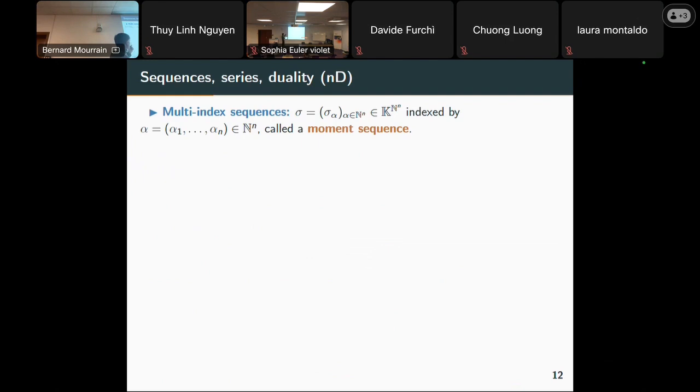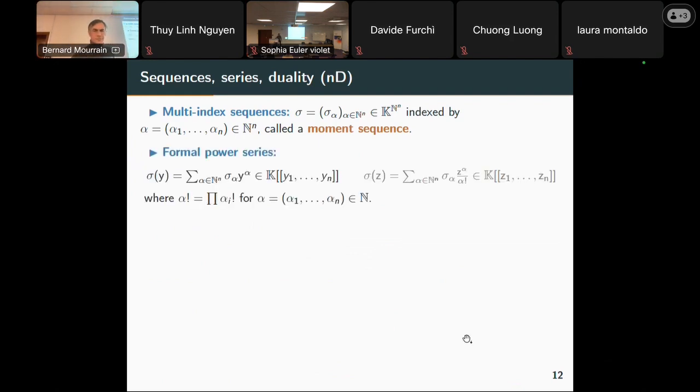The sigma are sometimes called the moment sequence when they come from measures, or pseudo-moment sequence. So they are simply values indexed by this alpha, where alpha is also the exponent of a monomial.